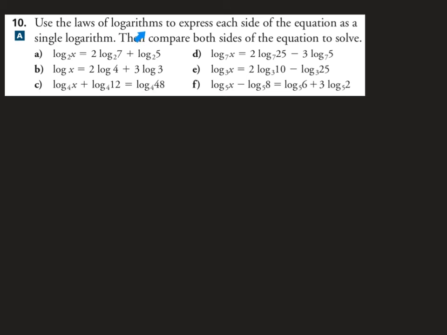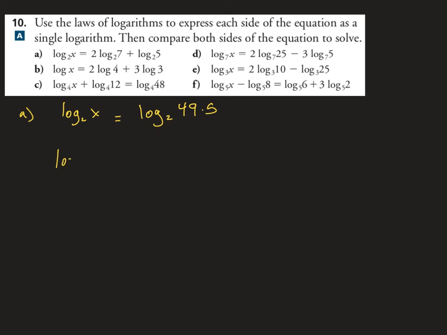Number 10, use the laws of logs to express each side of the equation as a single log, then compare both sides of the equation to solve. All right, let's first make them all single logs. So we've got A, log base 2 of x, that's already a single, equals log base 2 of 7 squared, which is 49, times 5.